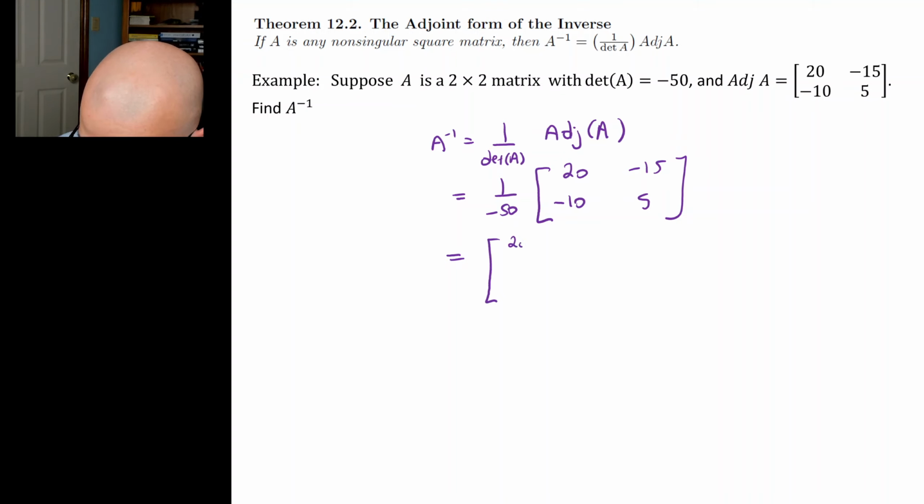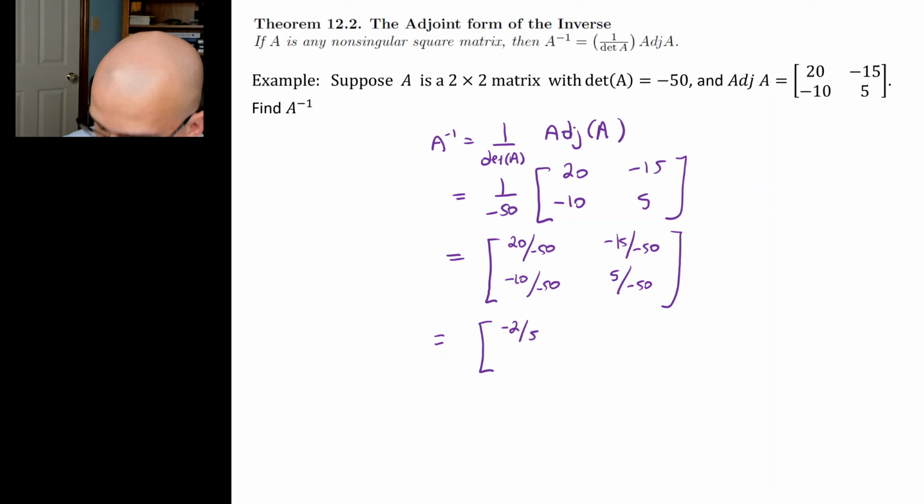So I'll have 20 divided by negative 50, negative 15 divided by negative 50, negative 10 divided by negative 50, and positive 5 divided by negative 50, which each simplifies. We get negative 2 over 5, canceling the 10s. Then the next one, we cancel the 5s, positive 3 over 10, the negatives cancel.